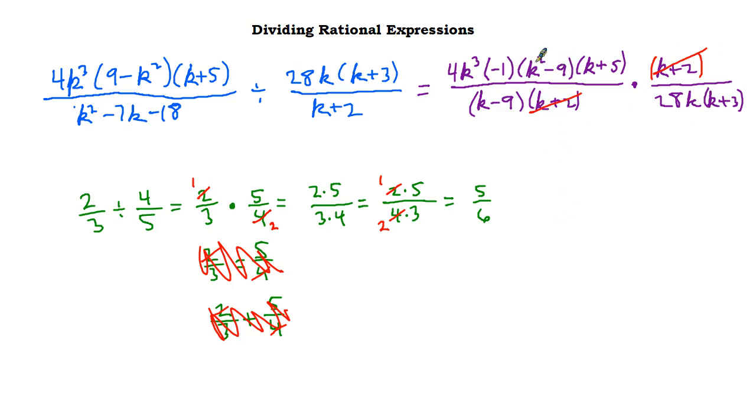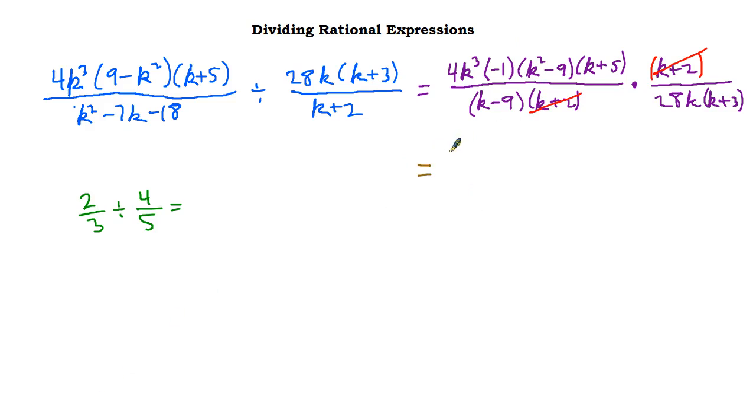And then this guy needs to be factored, this k squared minus 9. So I'm going to rewrite this whole thing. We've got 4k cubed, and I took that negative 1 out. We'll leave that negative 1 out, and now I'm going to factor this as a difference of squares.